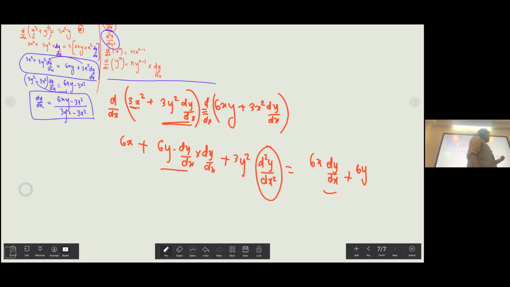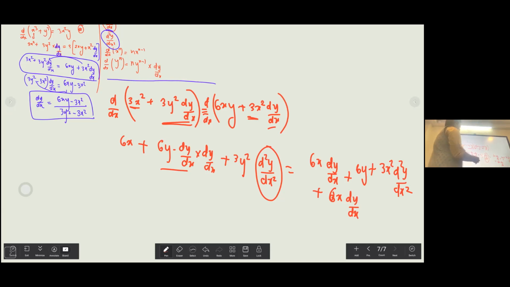So if I apply product rule on 3x squared dy by dx, we get 3x squared times d squared y by dx squared, like u v dash, so the derivative of dy by dx becomes d square y by dx square, plus 6x dy by dx.